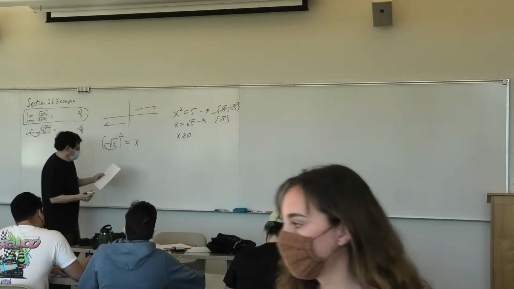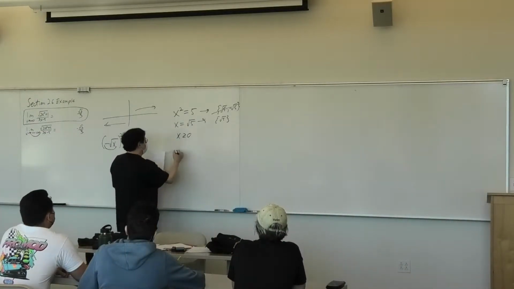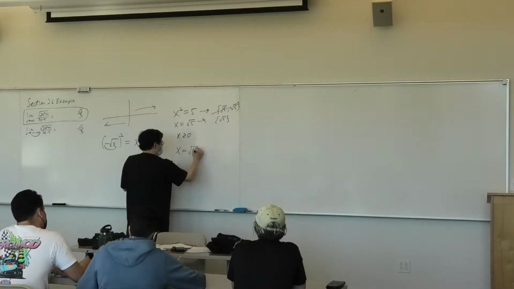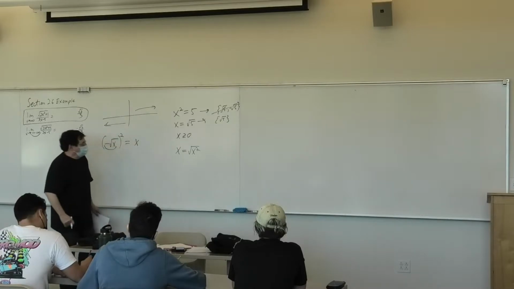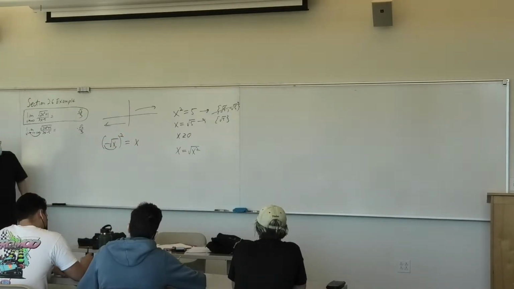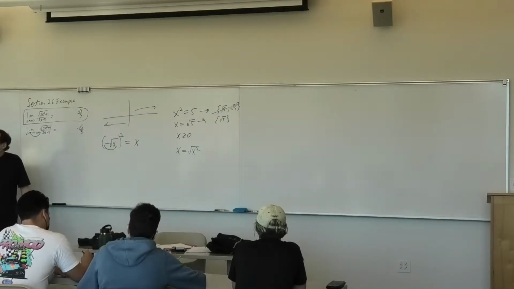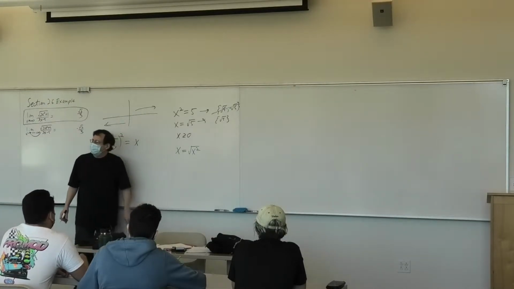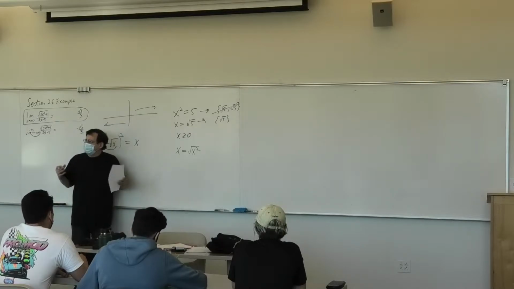Here's another thing you can look at. If I say, is this true? Is that a true equation? Is that correct? Well, no, not really. It's not true for all real numbers.